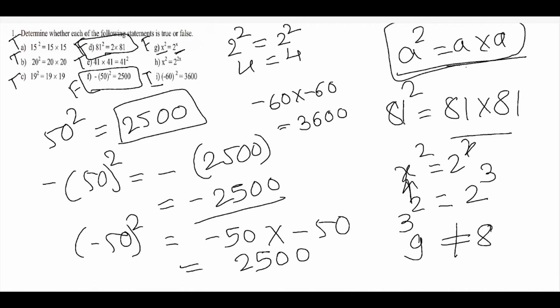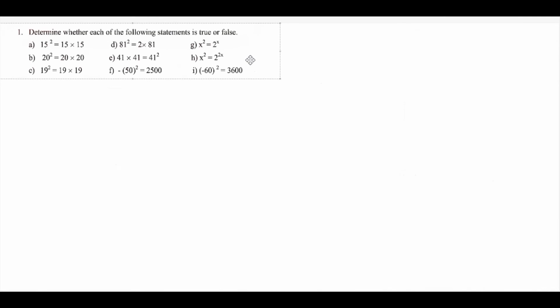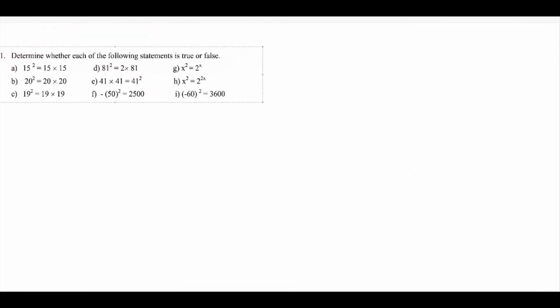But if the value is other than 2, then the value is not equal. You can try this out by taking different values of x. So this is false as well as true, and you can specify the condition where it's true and where it's false.